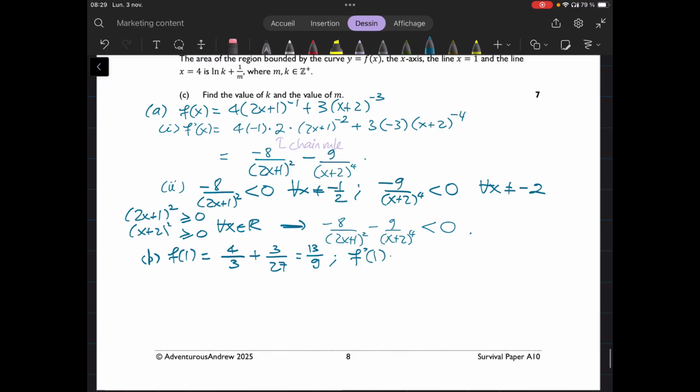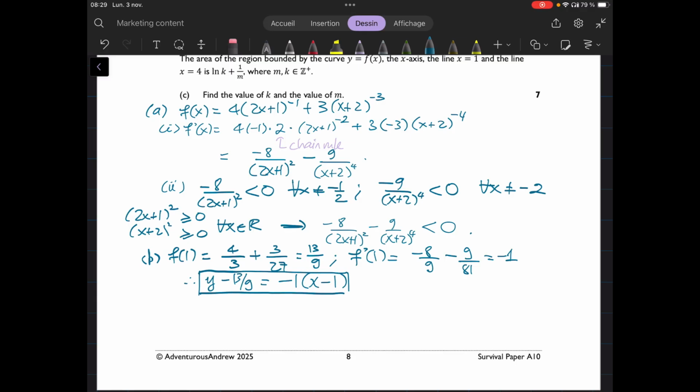F prime at 1 is equal to minus 8 divided by 9 minus 9 divided by 81, or negative 1. Therefore, y minus 13 by 9 is equal to minus 1 times (x minus 1). This is a perfectly valid final answer. Unless they specify the form, this answer will get full marks.